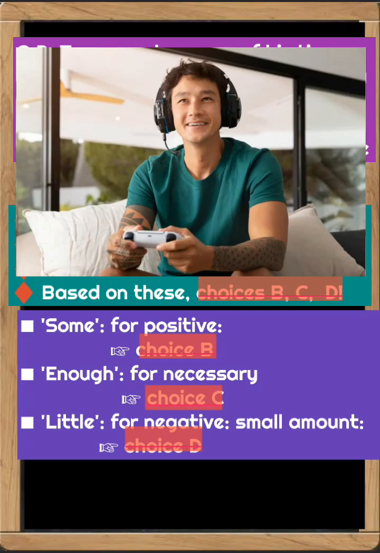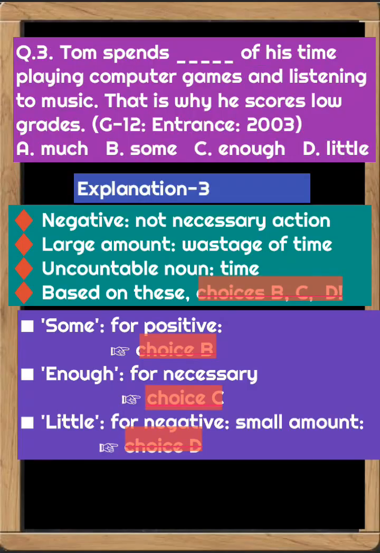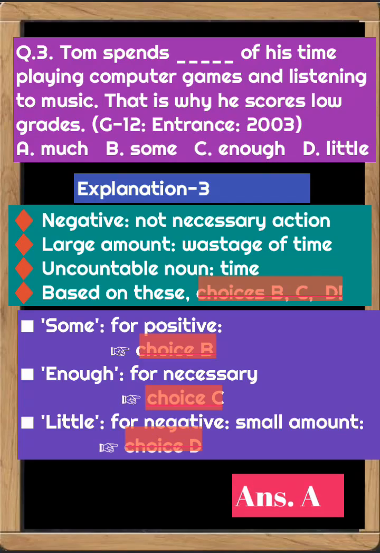In addition, some can be grammatically correct for a positive idea, but contextually it's wrong because scoring a low grade is a negative idea. As a result, choices B, C, D are wrong. They should be eliminated. So 100% sure the right answer is A, much.